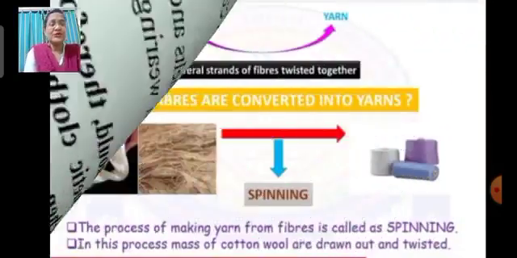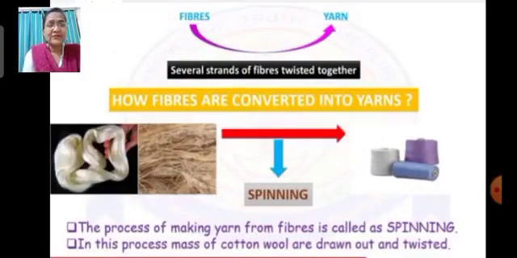As I told you, several strands of fibers are twisted together to get yarn. But how are fibers converted into yarns, children? Your answer will be spinning. The process of making yarn from fiber is called spinning. In this process, a mass of cotton wool is drawn out and twisted.